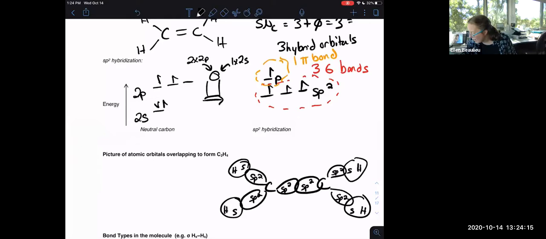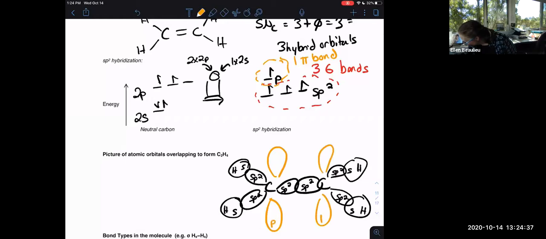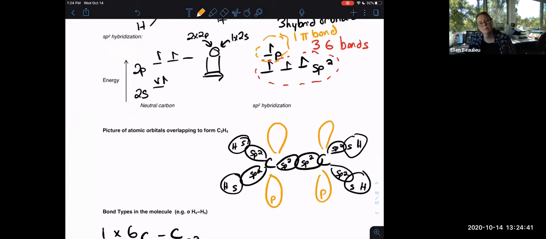There's one remaining orbital that we need to deal with, and that's this p orbital. What does a p orbital look like? It looks kind of like an infinity symbol. It has two lobes. So here are my carbon p orbitals. Each of those p orbitals holds one unpaired electron.